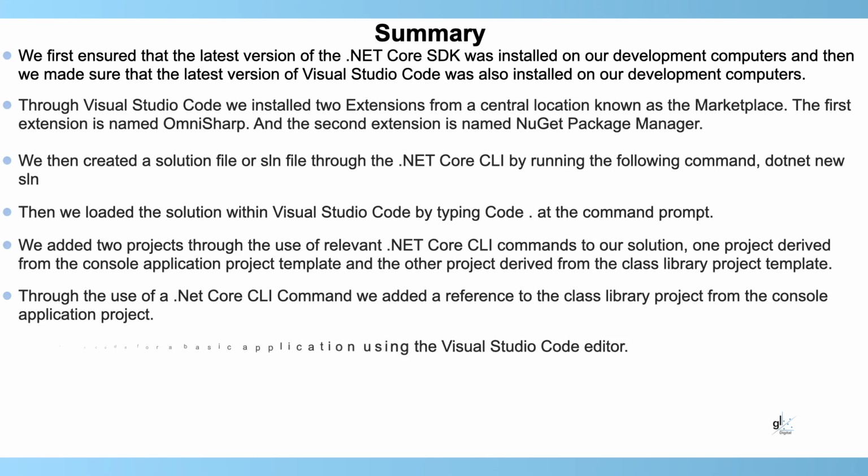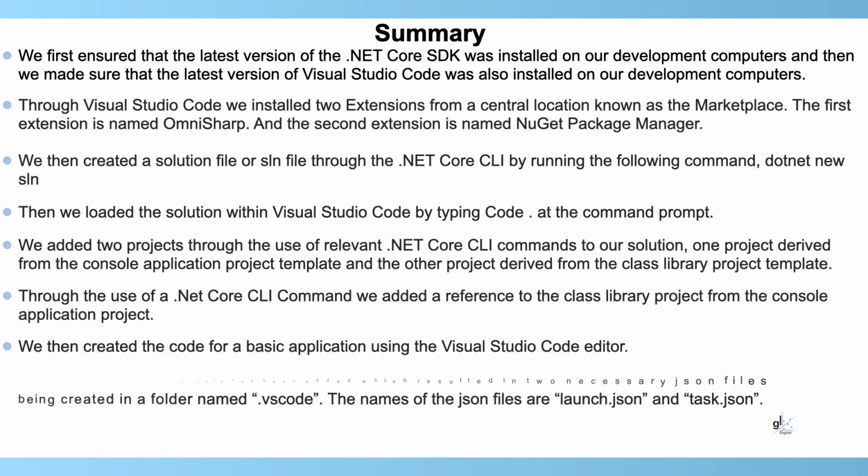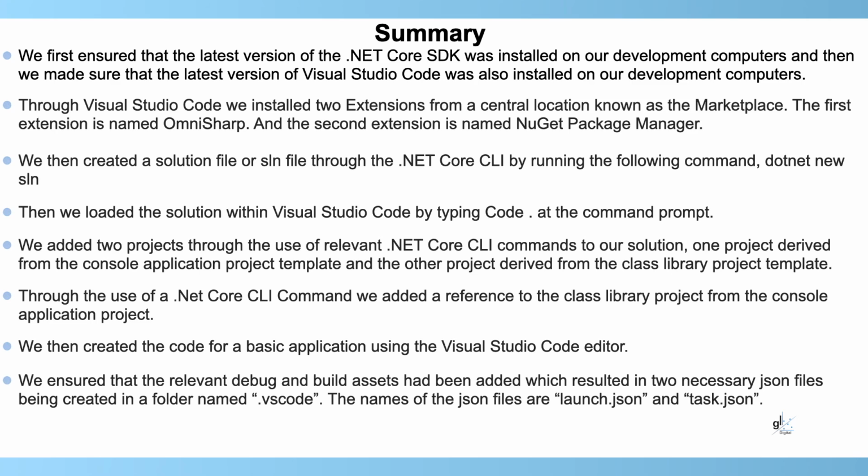We then created the code for a basic application using the Visual Studio Code editor. We ensured that the relevant debug and build assets had been added, which resulted in 2 necessary JSON files being created. The names of the JSON files are launch.json and tasks.json. We then ran the application through the debug facility available within Visual Studio Code.